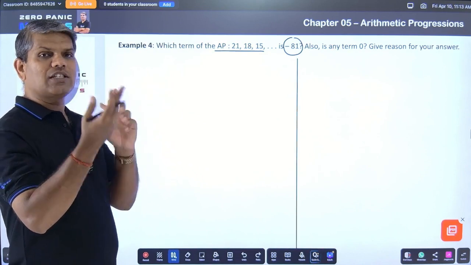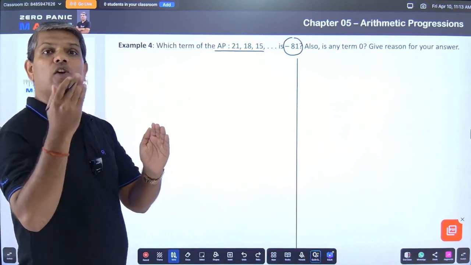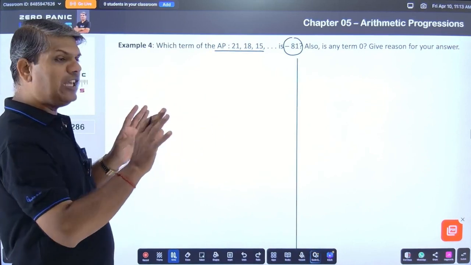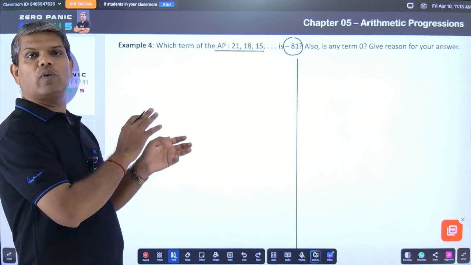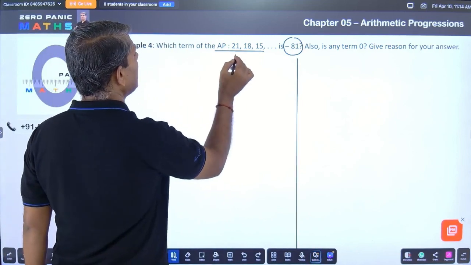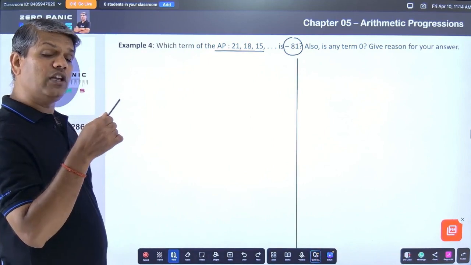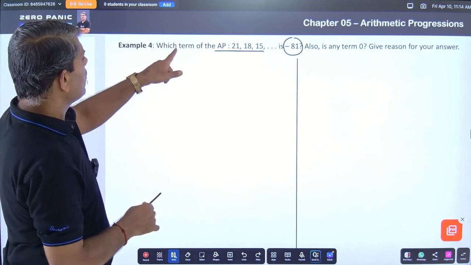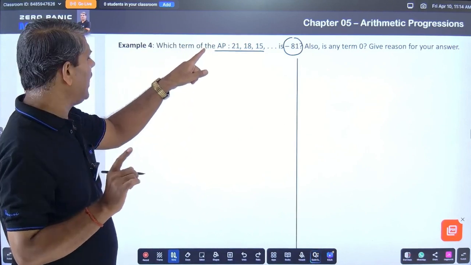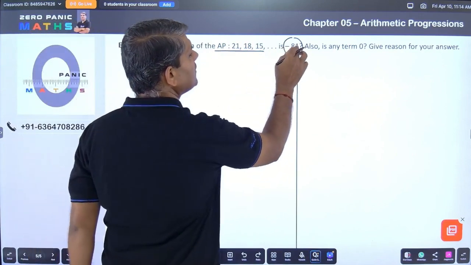You might be asked to find the value of n, a, d, and even the value of an. Given any three values, you should be able to find the fourth. Here they have given the an value and we are asked to find n. Which term of this AP is minus 81?